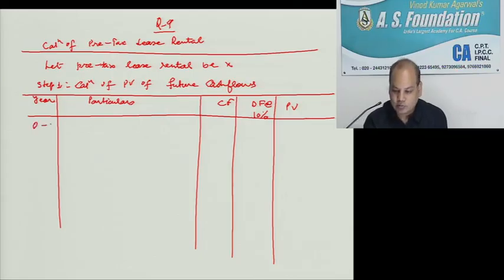Zero to 9. As per the note given in point E, lease rentals are collected at the beginning of the year. So lease rentals, we have assumed X.